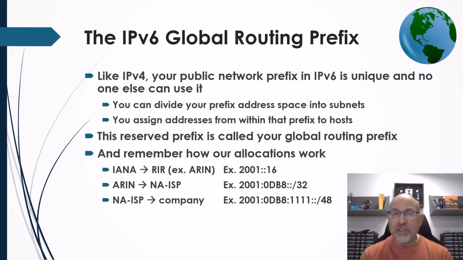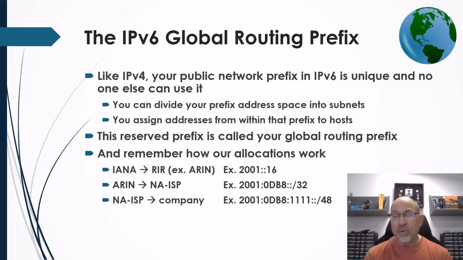All right, so first let's talk about the global routing prefix, or your globally unique address space. Well, just like in IPv4, IANA determines what addresses are out there and where they're going to be assigned. And so there's a geographic part to our IPv4 addressing.